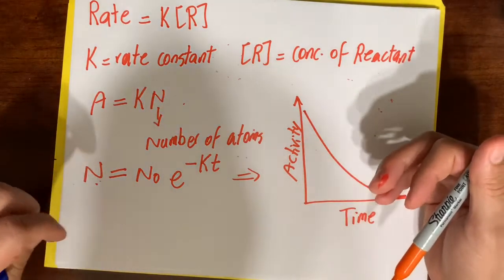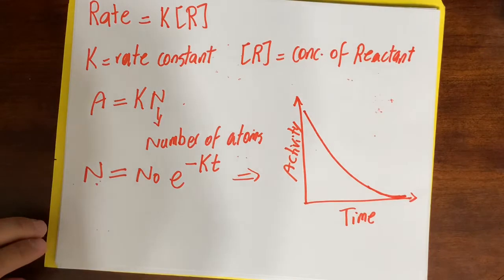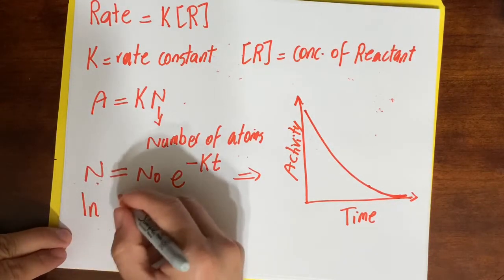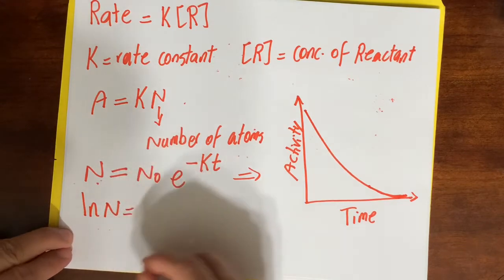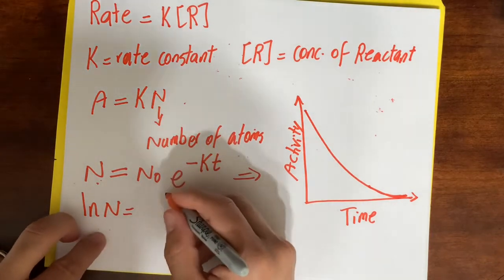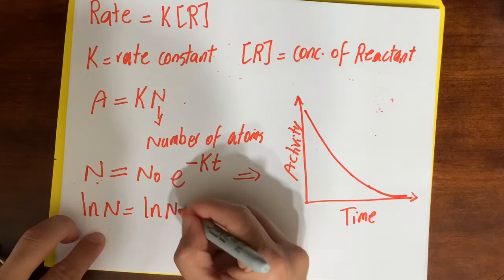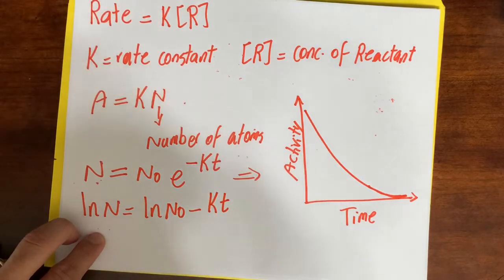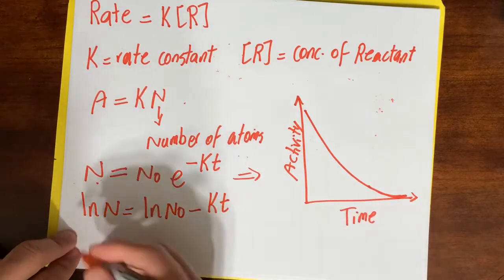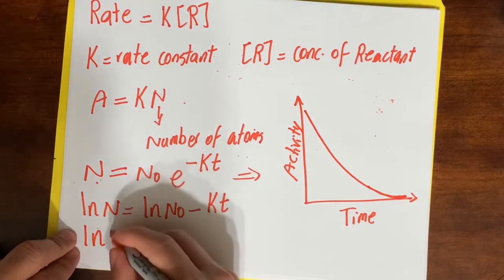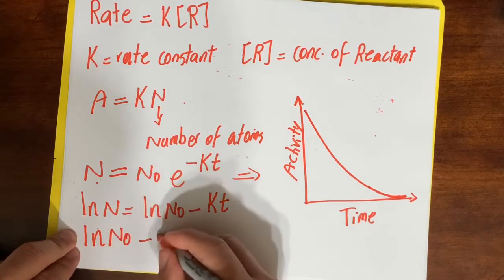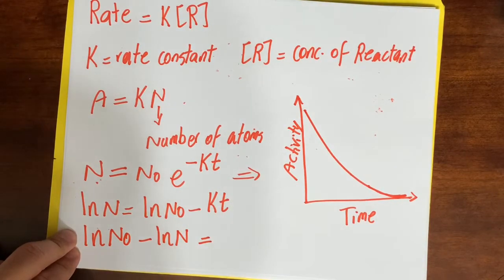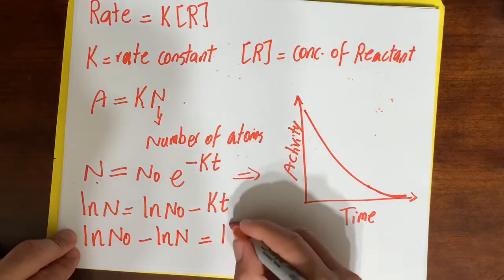Now, if I take the natural log of it, it will give me ln of N equal to ln of N0 minus kt. And if you rearrange this formula, you will get ln of N0 minus ln of N equal to kt.